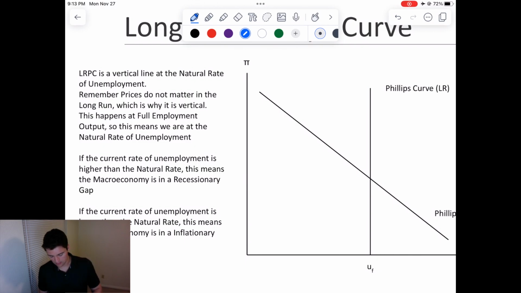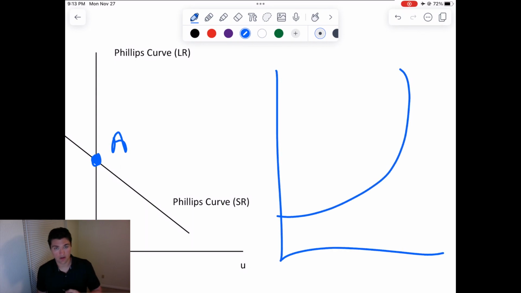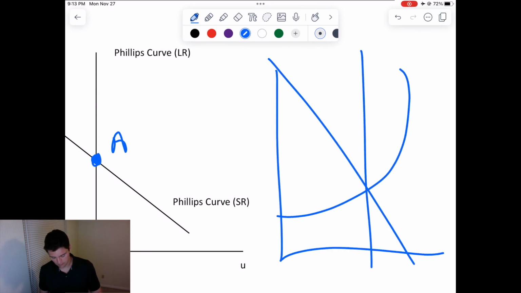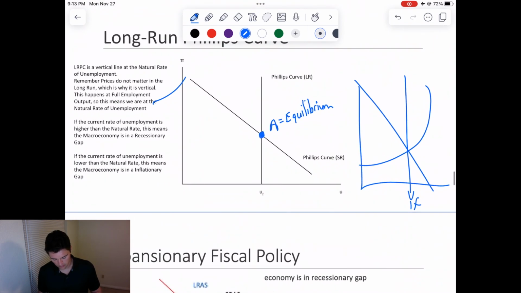So basically, if you say your economy is currently at point A, this means you're at equilibrium, because you are at your full employment output, which means you're also at your natural rate. Okay.